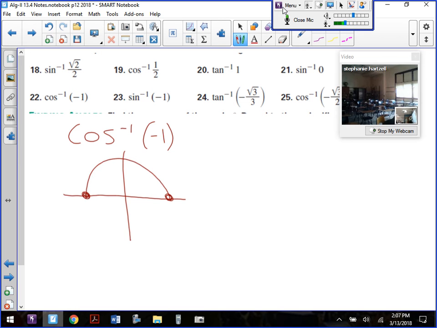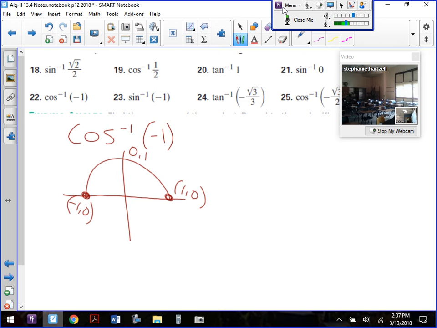At 0, your ordered pair is 1 and negative 0. At pi over 2, it's 0 and 1. And at pi, you're at negative 1 and 0. Which of those three values has x negative 1? Where is that at? Which is what degree and or radian?